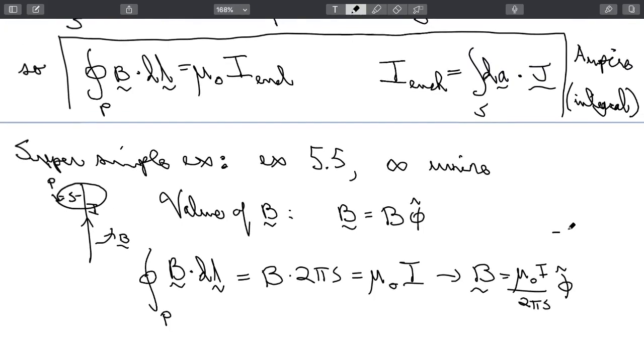Of course, if my setup is asymmetric, that is, if my wire does a kink or starts moving strangely, then I cannot use that. I have to go back to Biot-Savart.